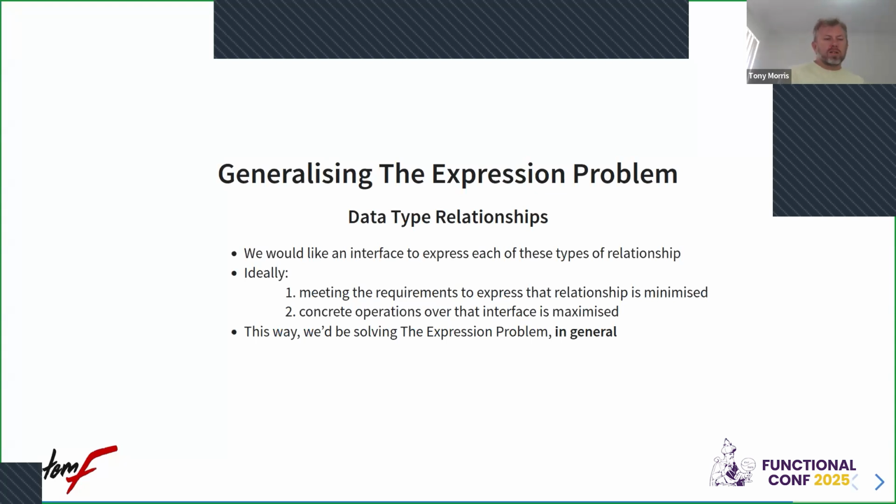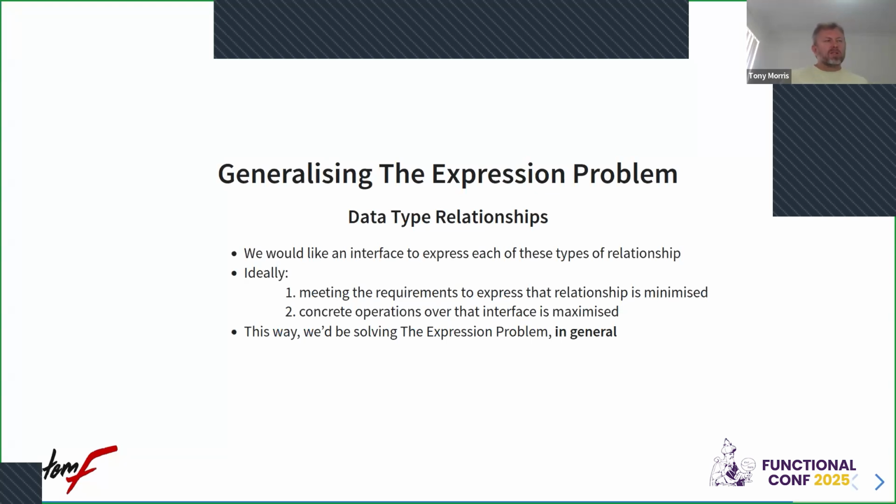Or another way to put it: given a proposed solution to the expression problem, if I can think of a function that I cannot write, then you have not solved it. In other words, I'm going to keep thinking of functions until I'm exhausted, in which case, hey, you might have a solution. But if I can think of one function that I cannot write, you have not solved it.